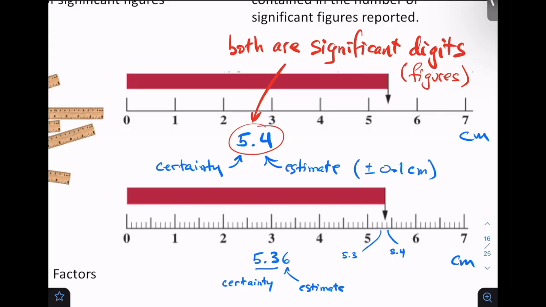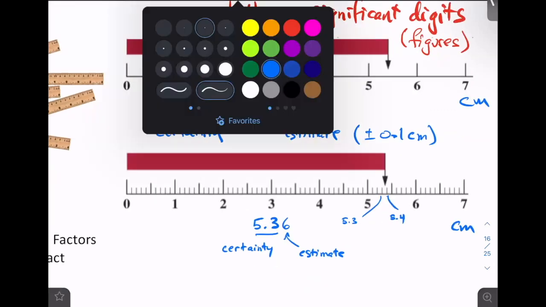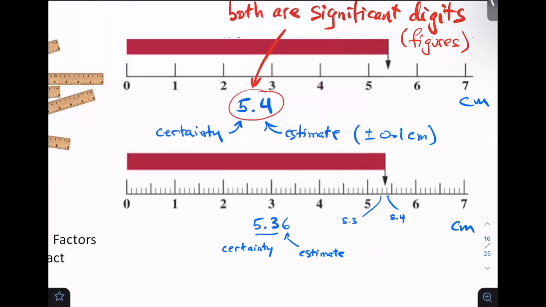Or each point is marked for every unit like it is up here. But the point being here is that our estimate only goes to one more decimal place. You can only estimate to one more sensitive place between the markings. But all 3 of these now are considered to be significant digits. This number reported with this scale has 3 significant figures, or sig figs.